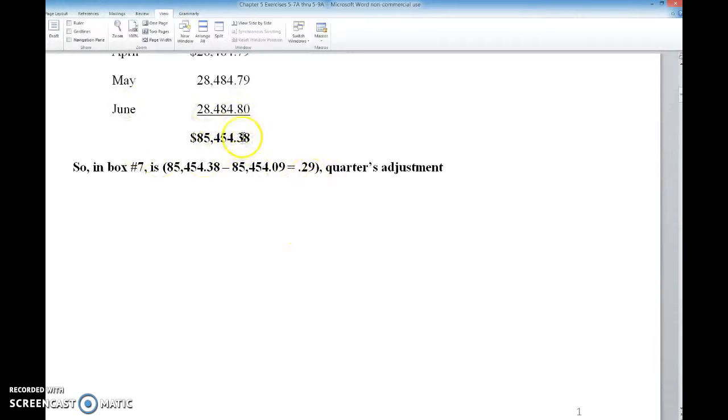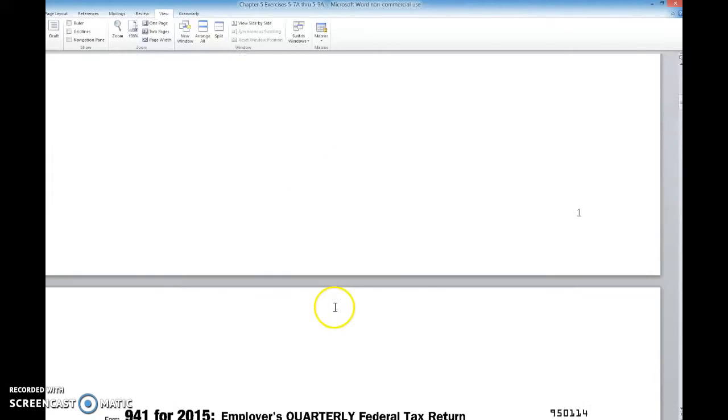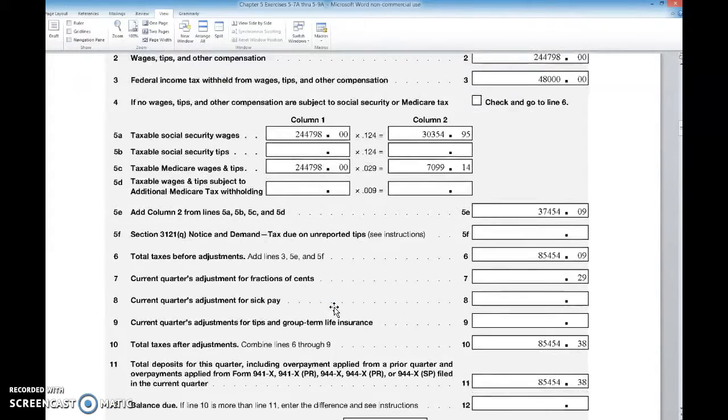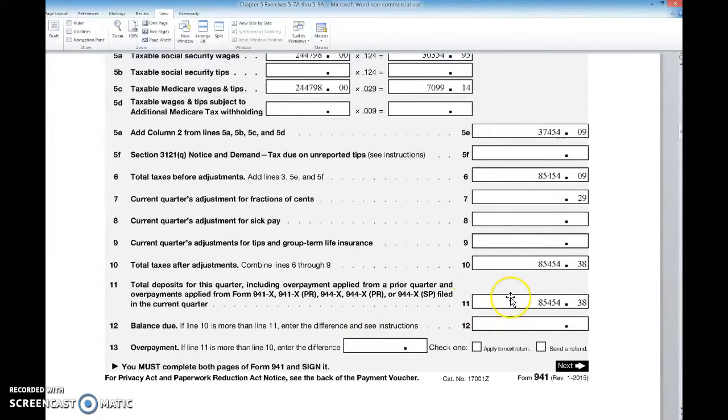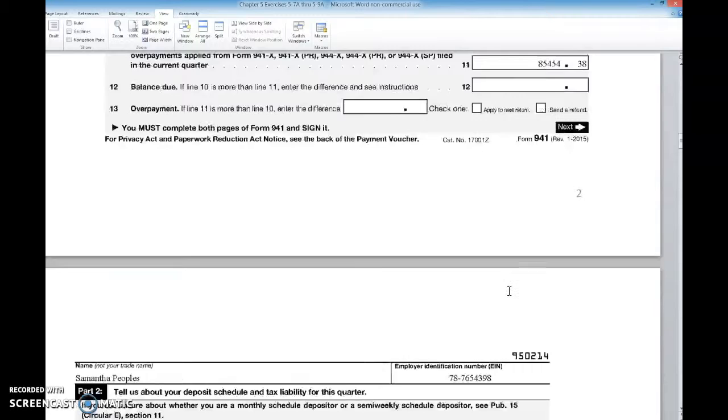So it's the employer's books based on the calculation, and the difference then goes to the adjustment column. And that's where the $85,454.38 comes into play. Box 11 should match exactly what is reported in the employer's payroll records. That is form 941.